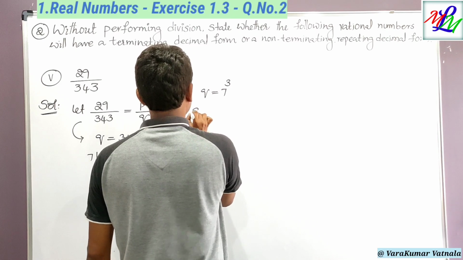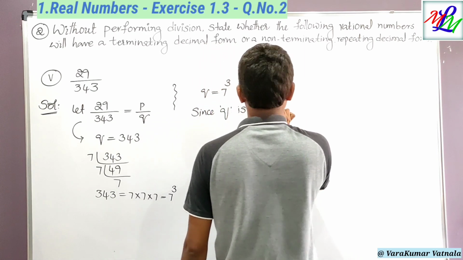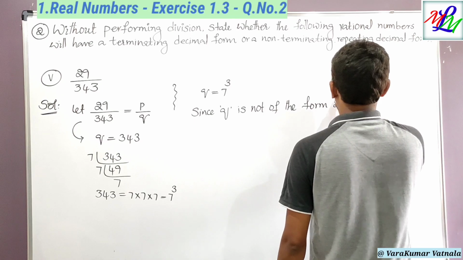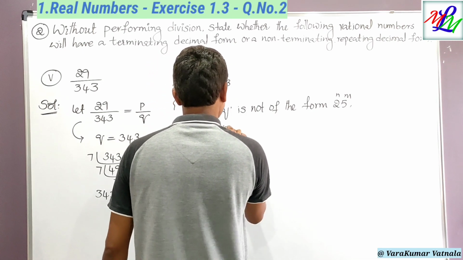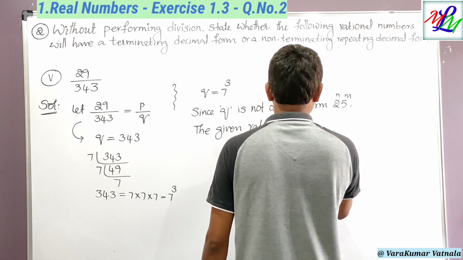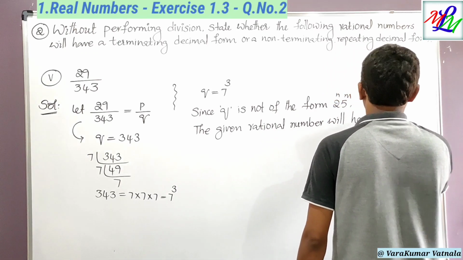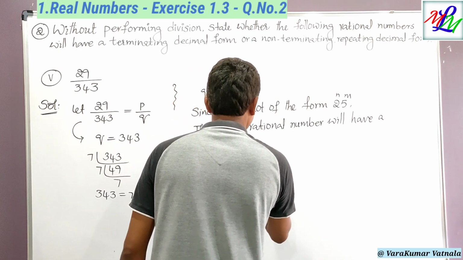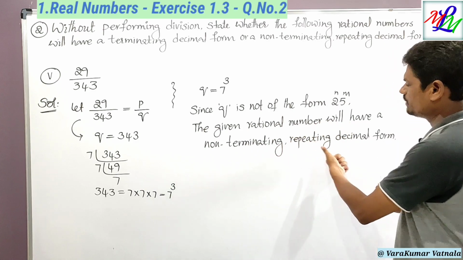So here since q is not of the form 2 to the power n into 5 to the power m, the given rational number will have a non-terminating repeating decimal form.